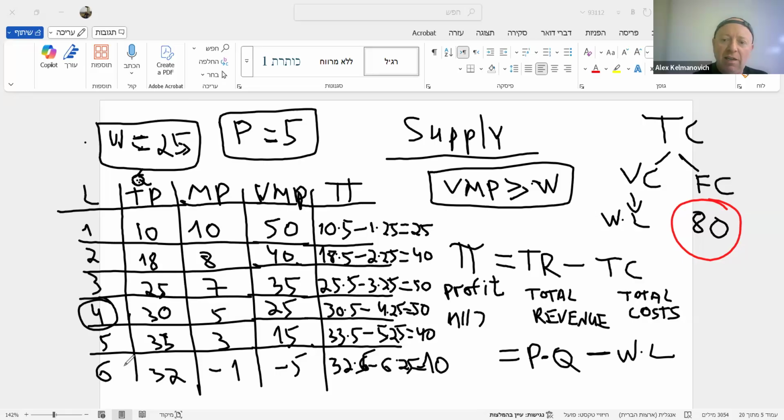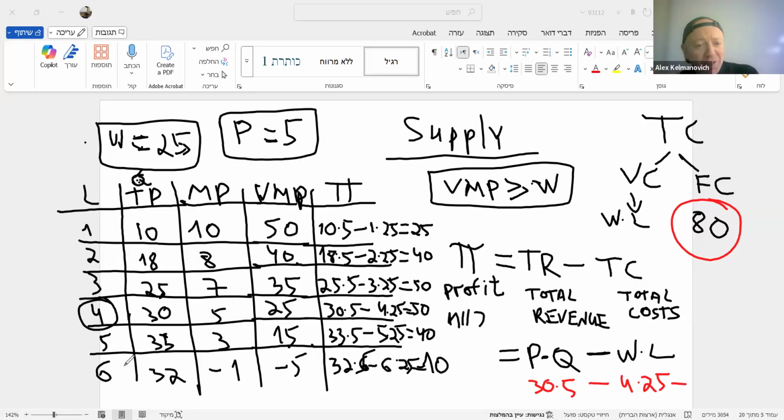So if I take this profit of 50. Can I ask, just off the topic, what if I push the price to 6 shekels? I will have maybe fewer customers, but would I not make more money?